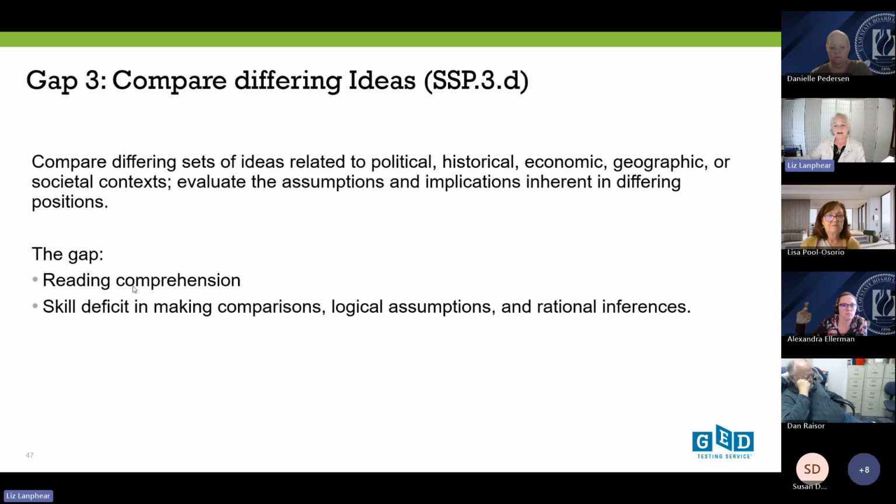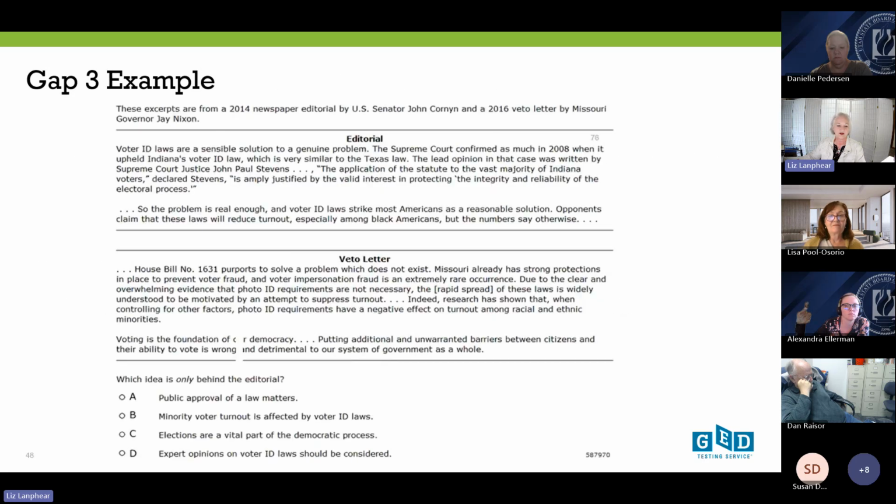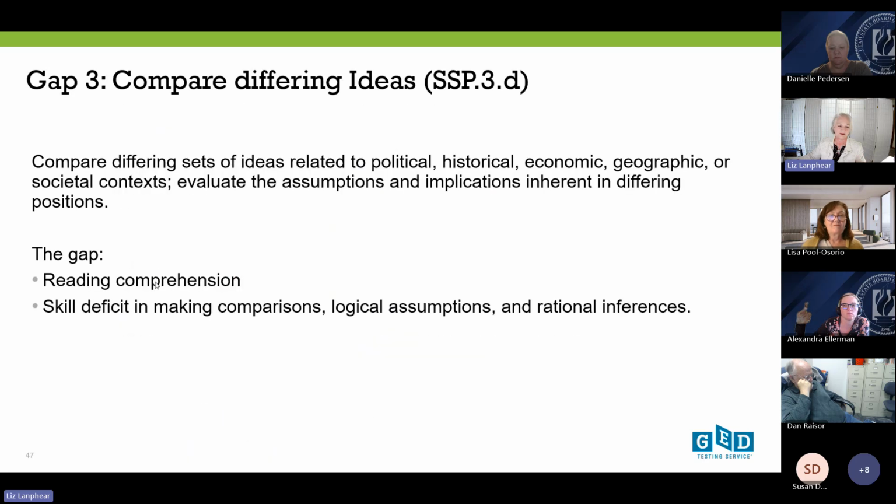Look, the gap: reading comprehension. So I hope it's making sense why I started with close reading. And the skill deficit in making comparisons, logical assumptions, and rational inference is also a skill that we need to work on. But how can you do that if you're not comprehending what you're reading, right?